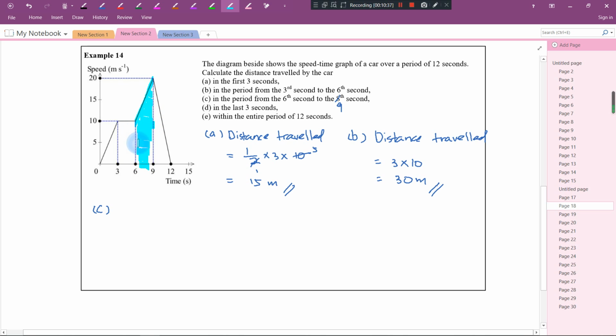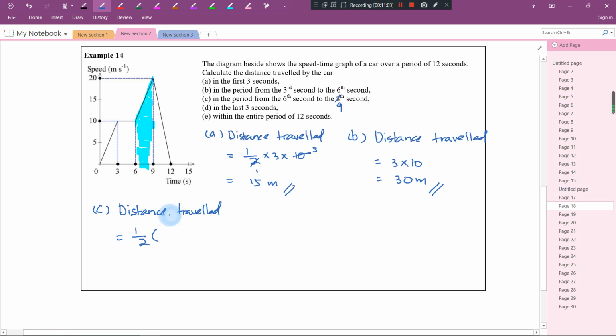This is a trapezium. Remember, to find the area of a trapezium, always start with 1/2, same as a triangle.